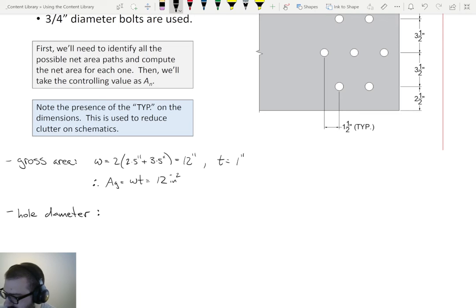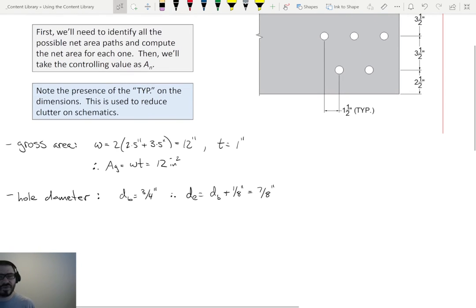We're told in this problem that the bolt diameter is 3/4 of an inch. Therefore, the effective hole diameter is the bolt diameter plus 1/8 of an inch, in which case this is 7/8 of an inch.